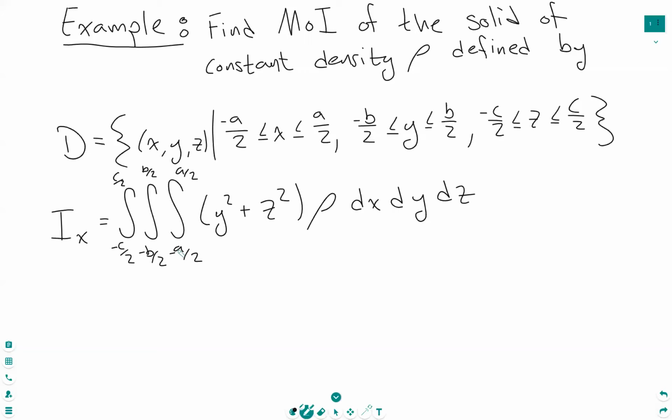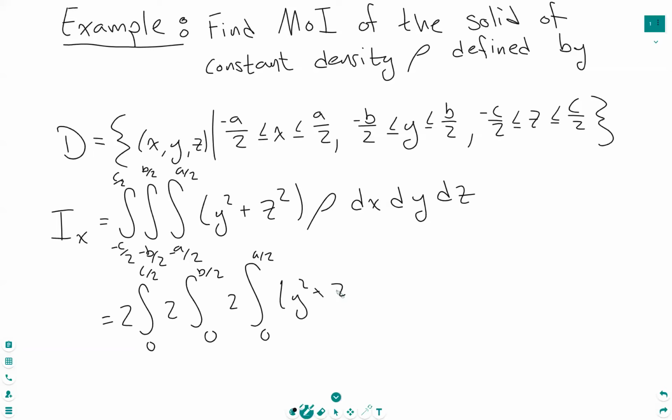So that means I can save a little bit of work by saying that, for instance, this integral is 2 times the integral from 0 to c over 2, 2 times the integral from 0 to b over 2, and 2 times the integral from 0 to a over 2 of y squared plus z squared times my constant density rho dx, dy, dz.